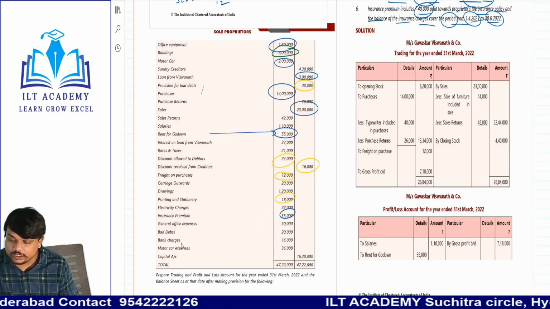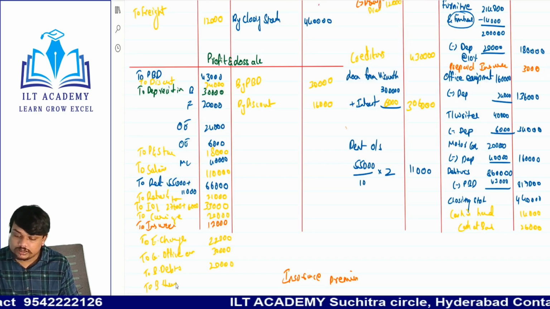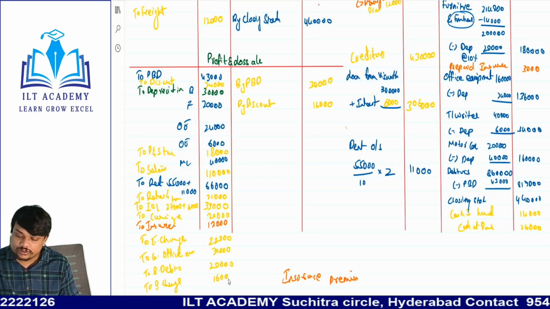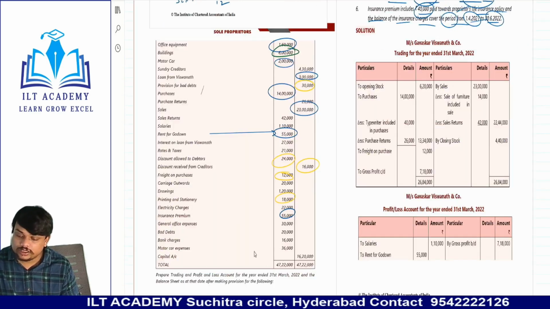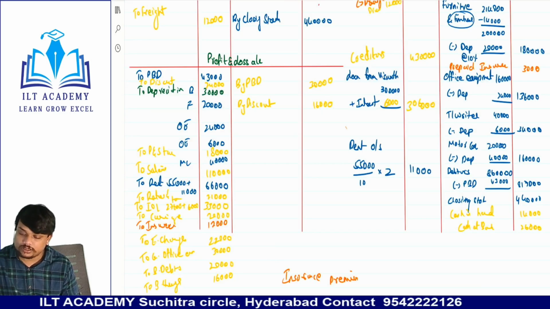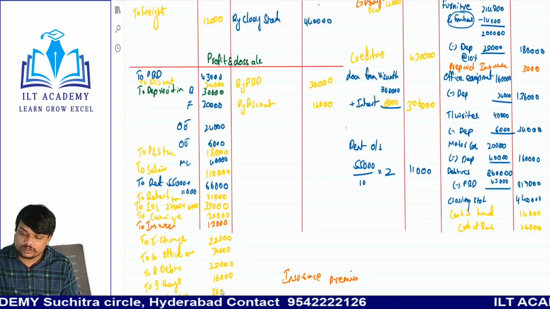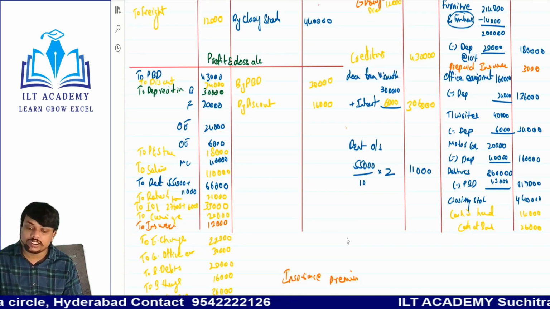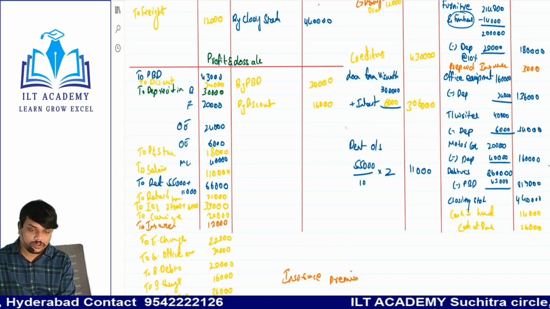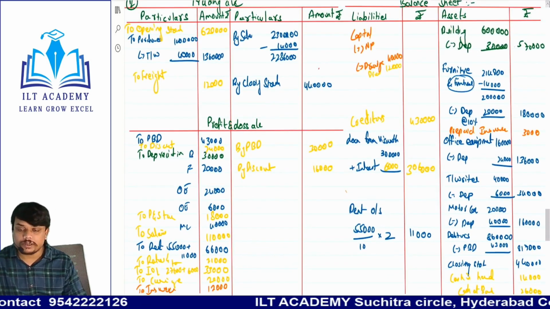Next, bank charges 16,000. After that, we are left with motor car expenses 36,000. Afterwards, we still have capital account 16,20,000. With this, we are done with the sum. You just close the accounts. Capital account.